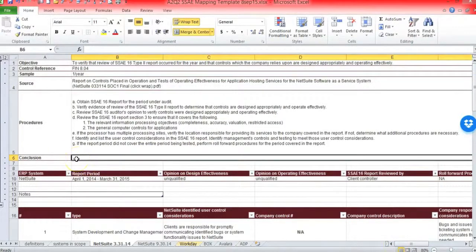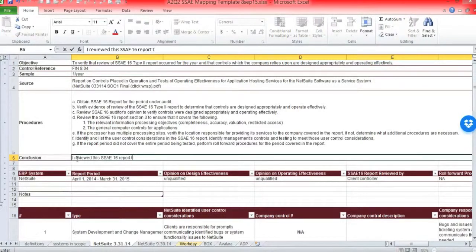If I were the controller doing this review, I would say I reviewed this SSAE16 report and it can be relied upon. And then you can sign and date it. So you can say controller, today's date, and year, and there you go.